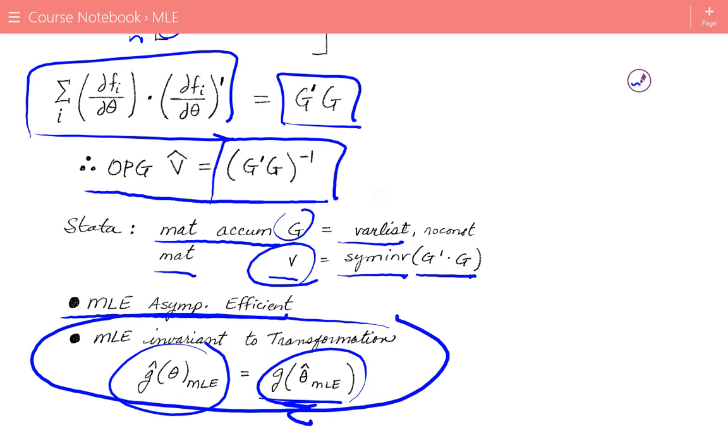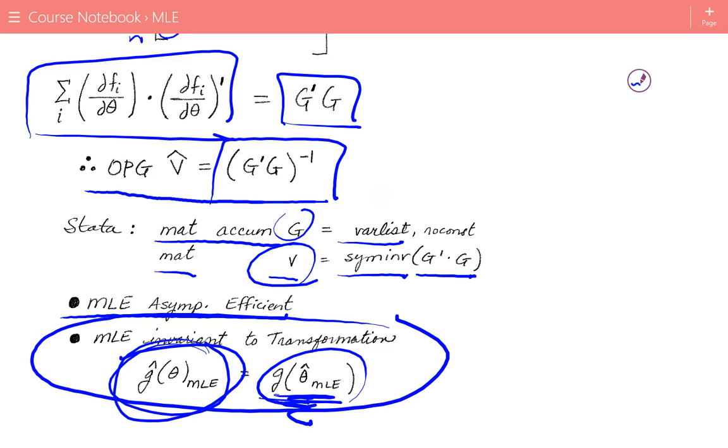And that will be the maximum likelihood estimator of that function, which makes it very easy to evaluate other types of features of interest that are functions of the parameters, because a function of the maximum likelihood estimator is actually a maximum likelihood estimator of a function. You could think of it that way. So this is an advantage of MLE as well.